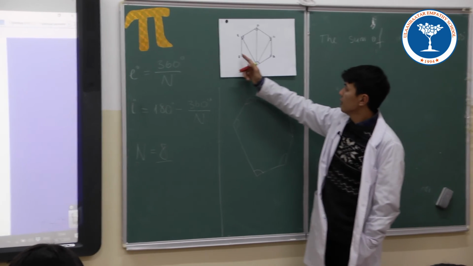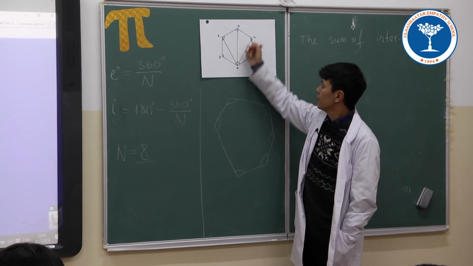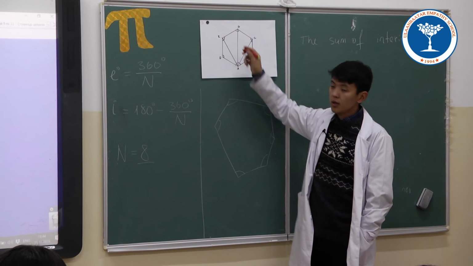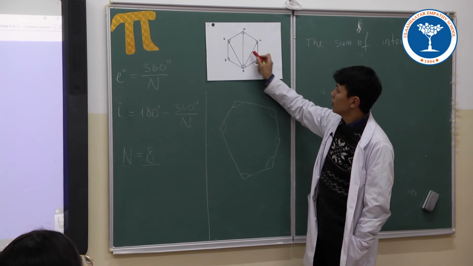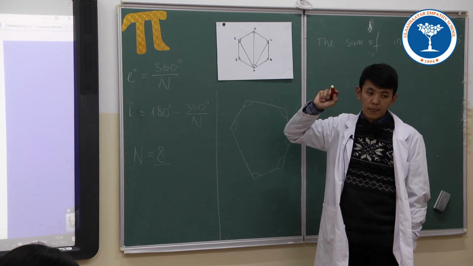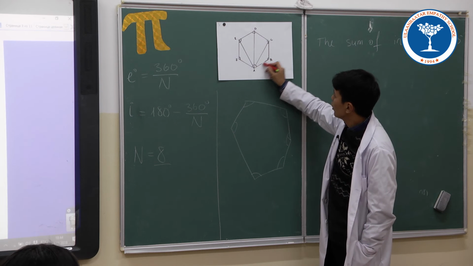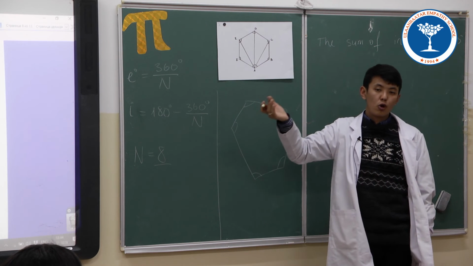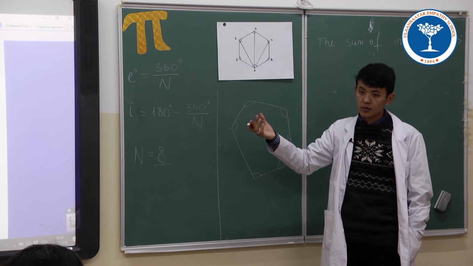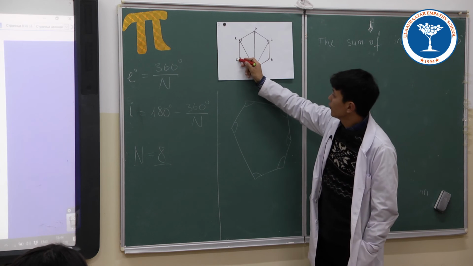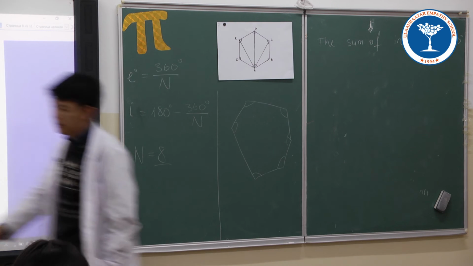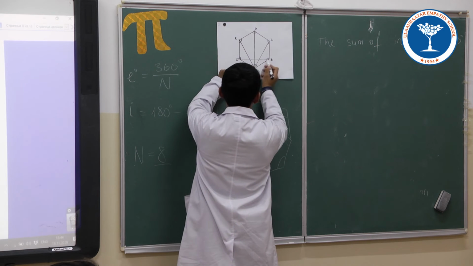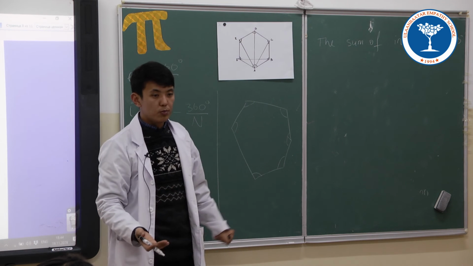We have 6 sides, a hexagon. If you count 1, 2, 3, 4, we get 4. Because from this point, you can't go to this point. You can't form a triangle for that point, because if you form a triangle, it will overlap like this. It shouldn't be overlapped.